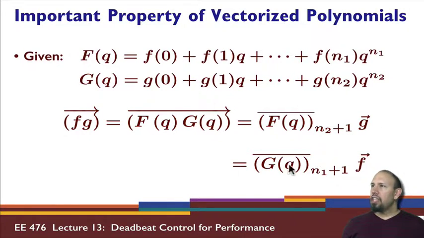So this is an important property in being able to write a polynomial product as a matrix product. Okay, so if you recall, a product in the Q domain is actually a convolution in the time domain. So this is actually performing that convolution.